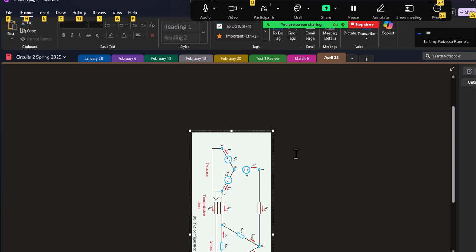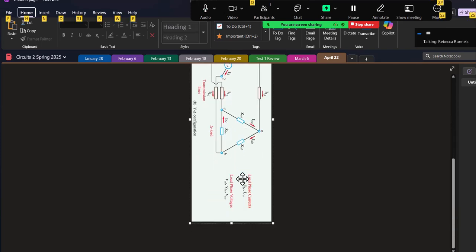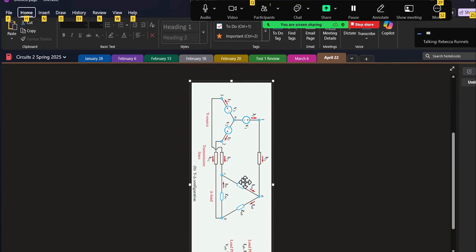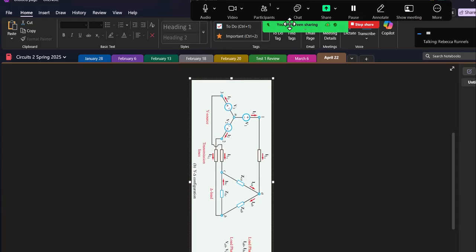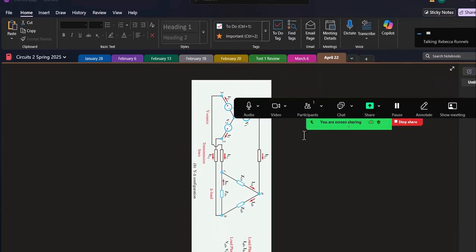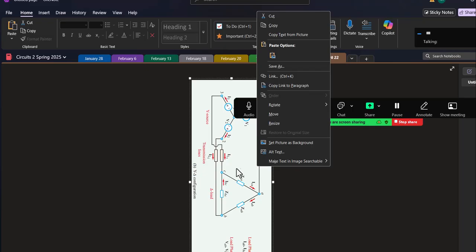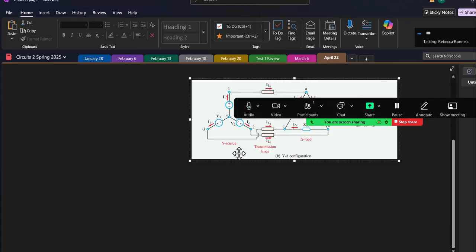I don't think you can. Like you hover your mouse right outside one of the boxes, it gives you a little rotate symbol, like the white ones. Seems like you should be able to. If you right click it, does it give you a rotate option? Yep, there we go. Rotate left.